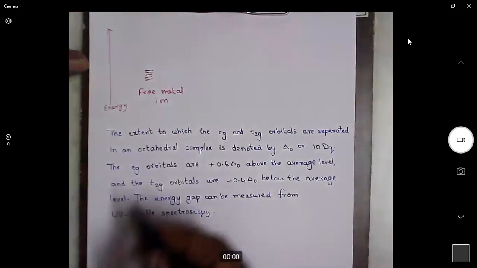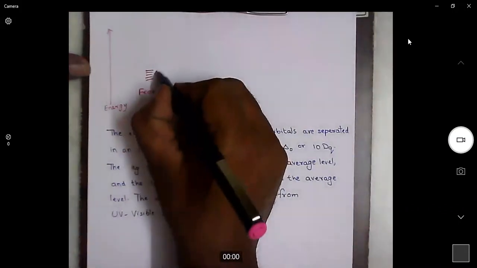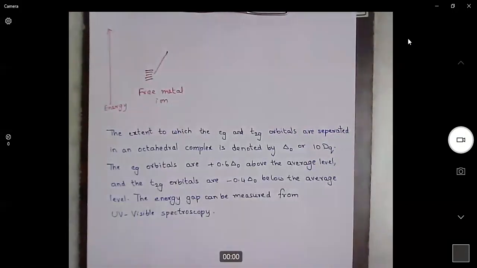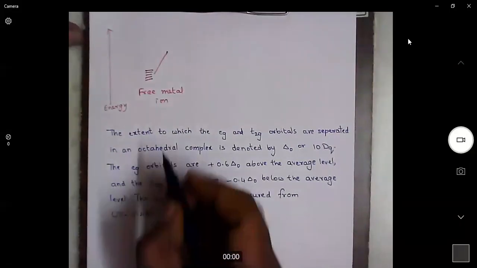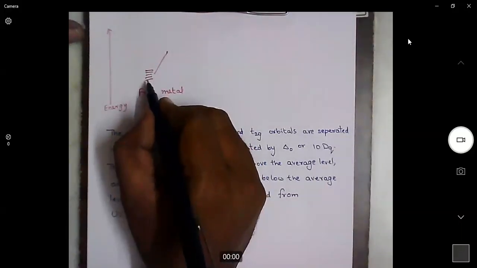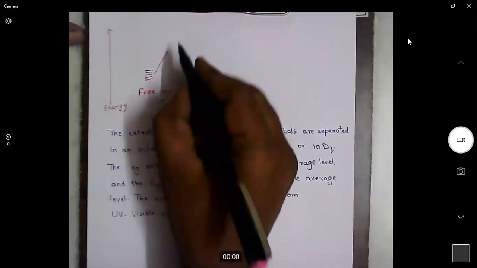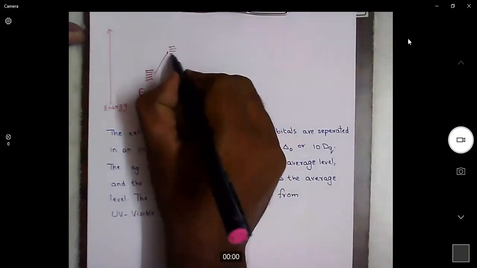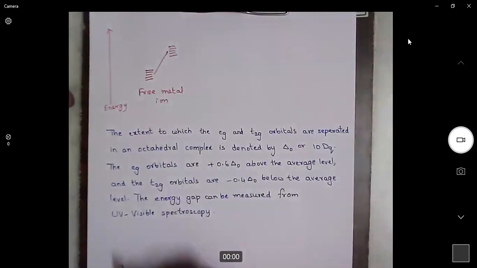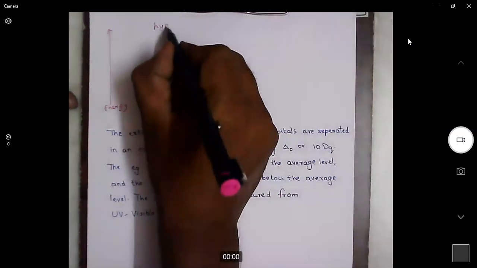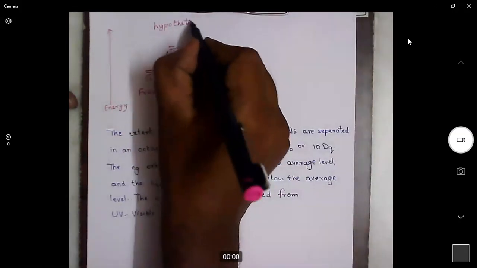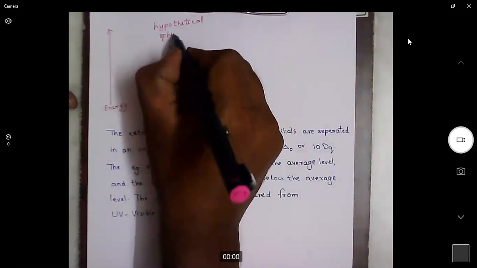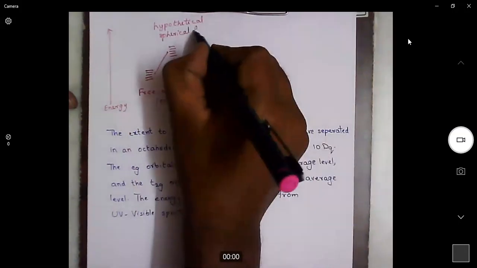When there is a hypothetical spherical field, that means ligands are approaching the metal like a sphere, then all the d orbitals will experience the same repulsion. Because of the repulsions, we say their energy will increase. This is what we call a hypothetical spherical field, because in reality, there will be no such spherical field.